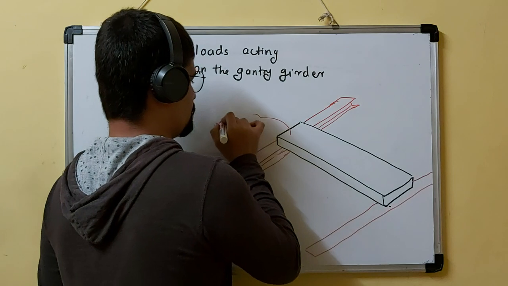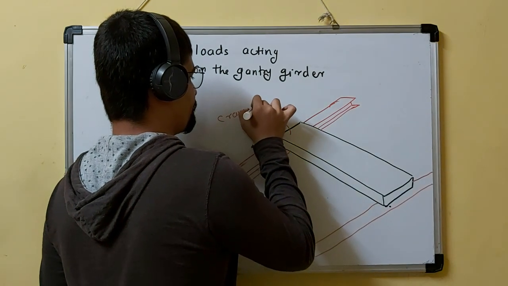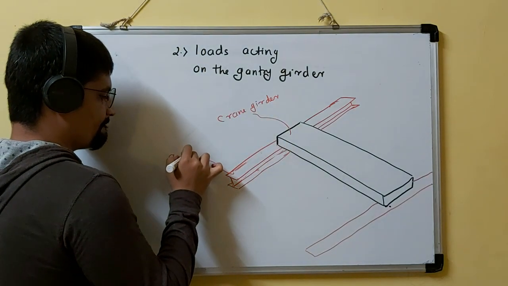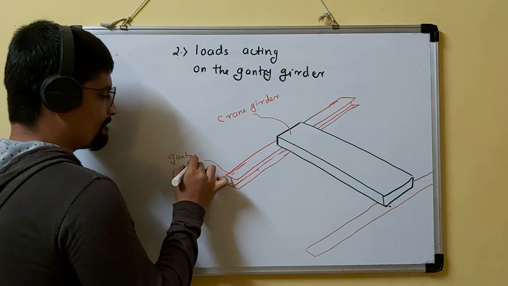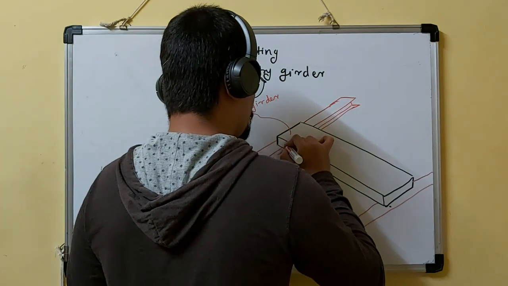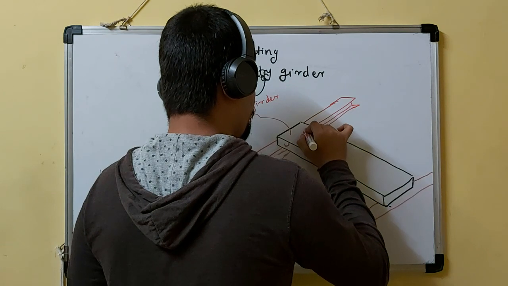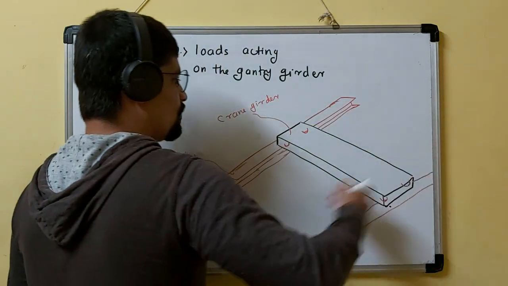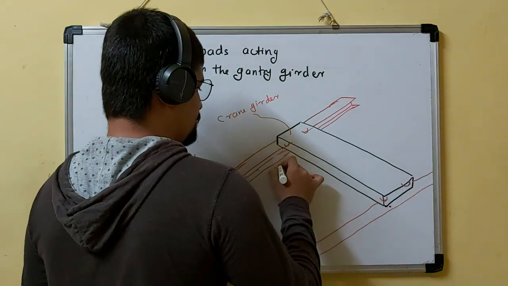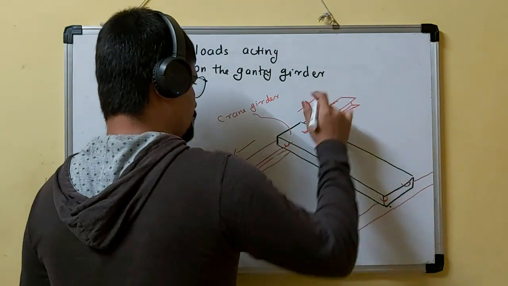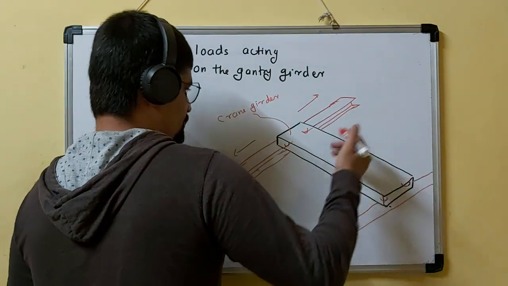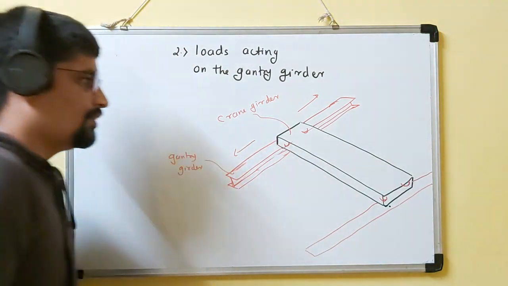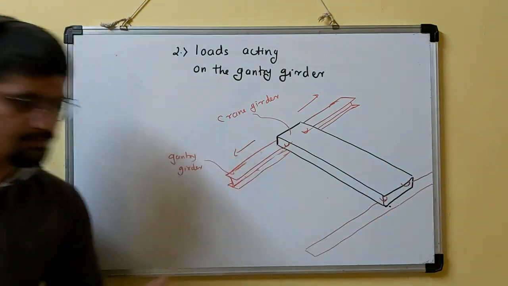This is the crane girder. This I have shown you, the gantry girder. Here there will be a wheel that will move on the gantry girder in the longitudinal direction. The crane girder will move in the longitudinal direction. Under this wheel there will be a rail section. Now the crane girder will move in this direction.